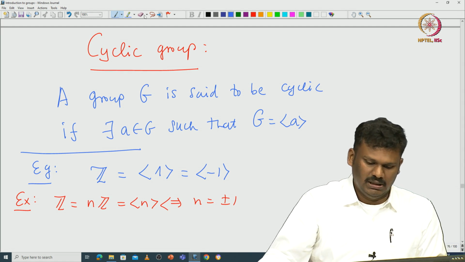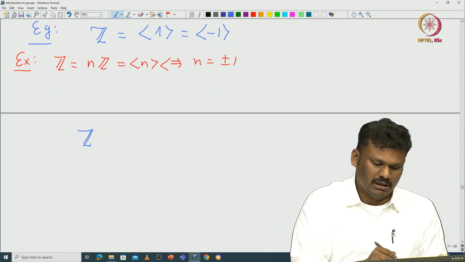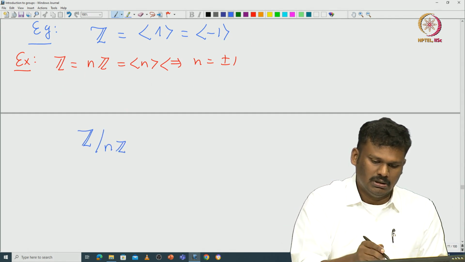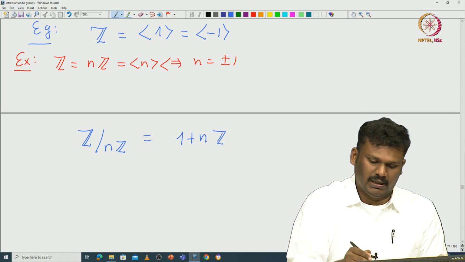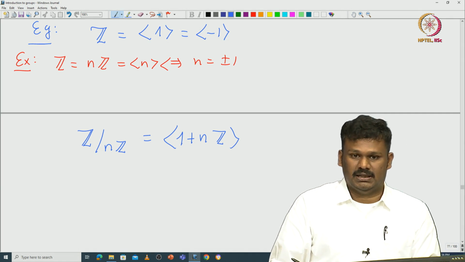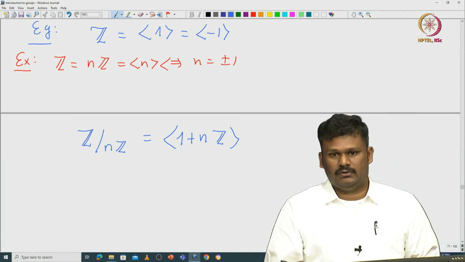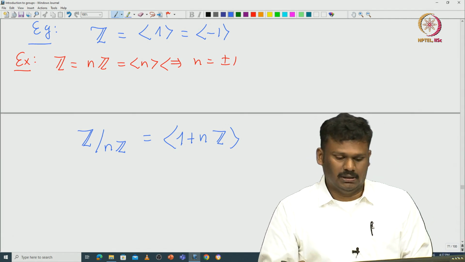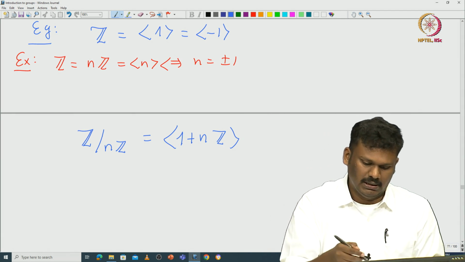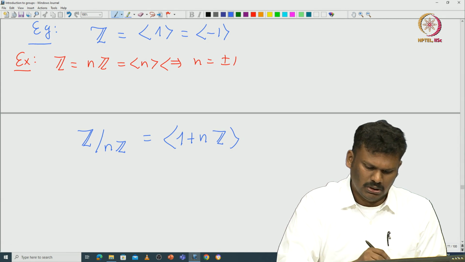Now you see this other group that we introduced, Z modulo nZ. It is not hard to show that it is indeed generated by one specific element, 1 + nZ. And we will see what the other generators for this group are, but here is one generator, 1 + nZ.